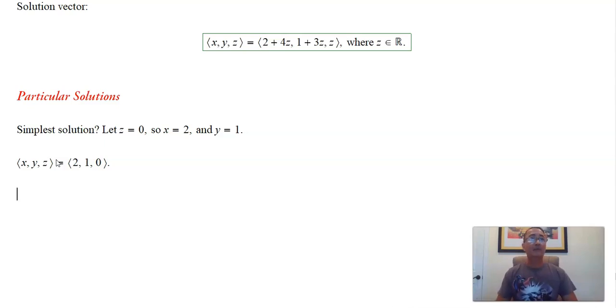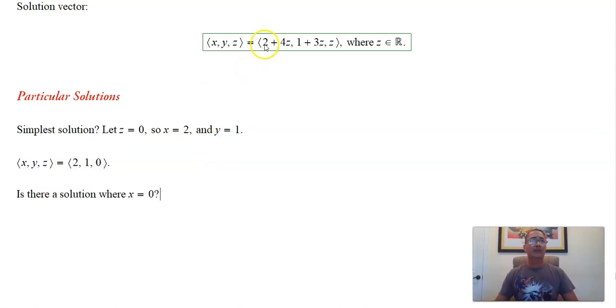Okay, well, let's ask another question. Is there a solution, for example, when x is 0 instead of z? So we can ask, can x be 0? Is there a solution where x equals 0?